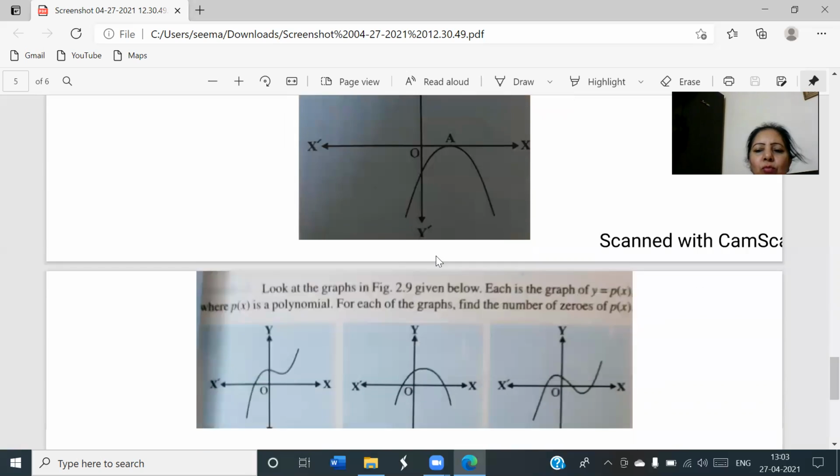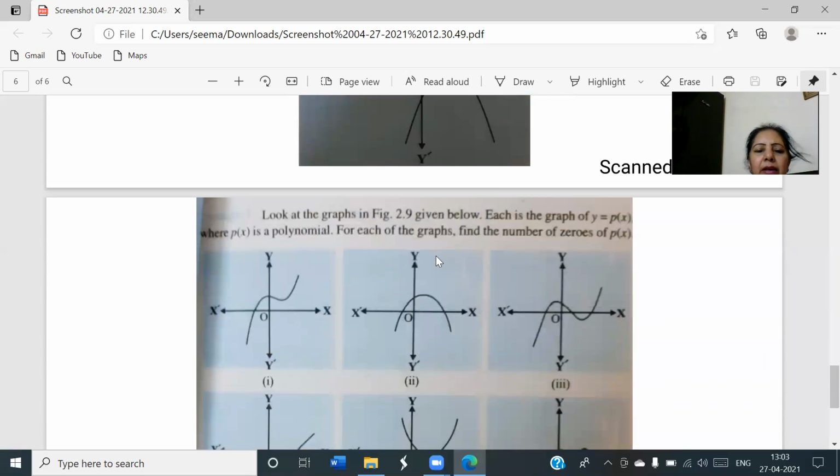Now let us discuss some more graphs. Here, this graph intersects the x-axis at 1 point. This point is called the zero of this polynomial, meaning 1 zero because it intersects the x-axis at 1 point.